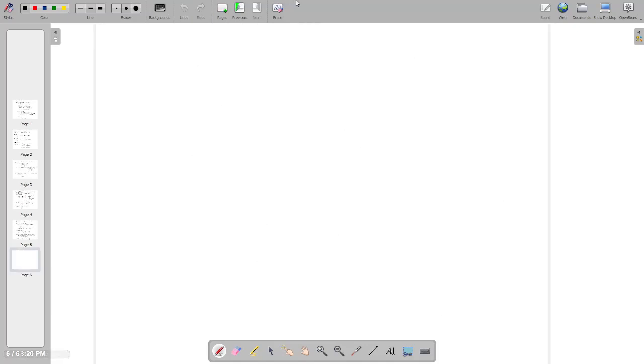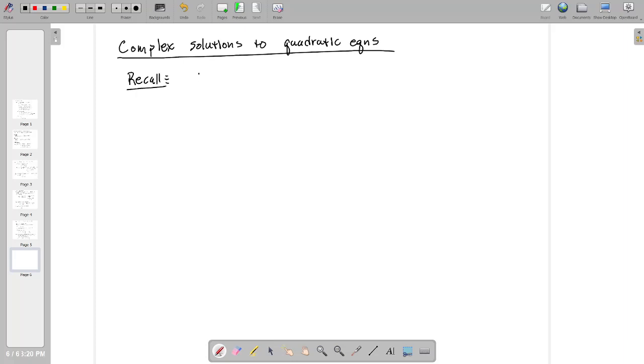Okay, so the last thing that we're going to talk about is complex solutions to quadratic equations. So first, let's recall the discriminant d is equal to b squared minus 4ac. And if d is less than 0, then the quadratic has no real solutions.